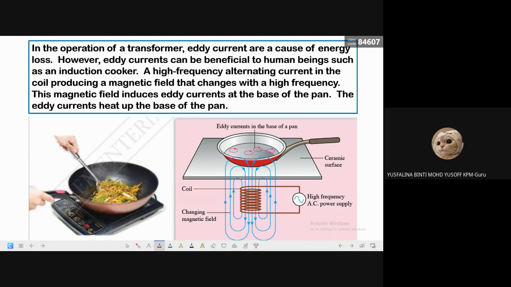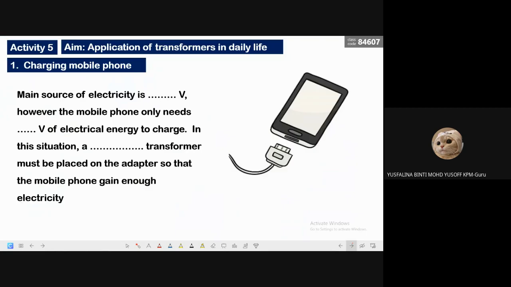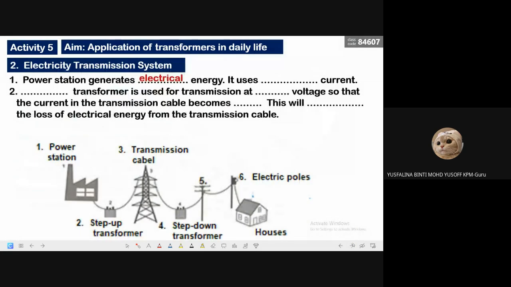So this magnetic field induces eddy currents at the base of the pan. So the eddy current here, of course, when the eddy current is produced, we get heat from it.